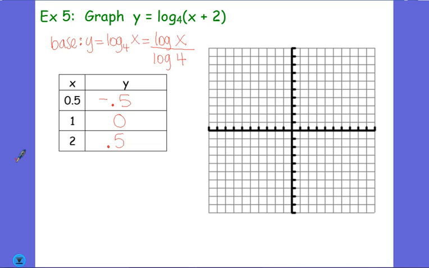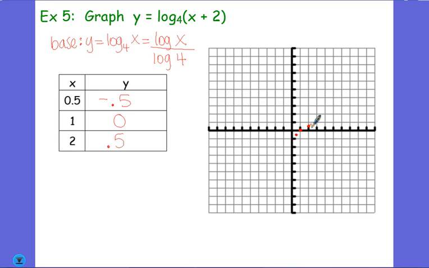So let's graph them like the first instruction said. Right a half, down a half. Right a half, down a half. Yes, you're kind of floating in the middle of space. Right 1, stay there. Right 1, stay there. Right 2, up a half. Right 2, up half.